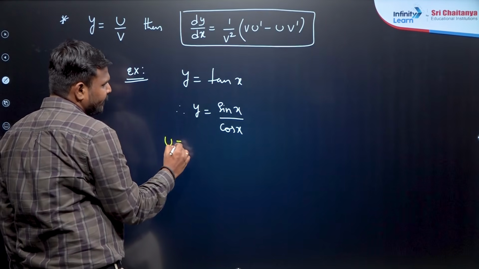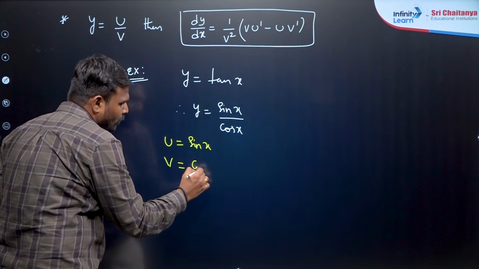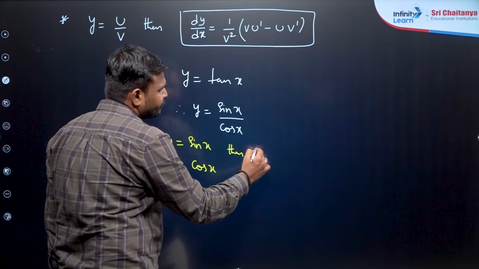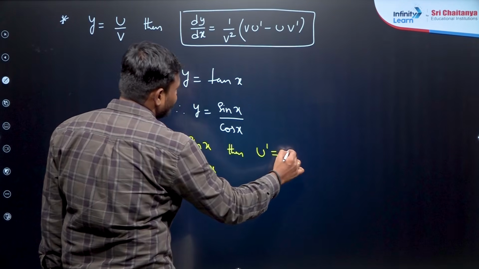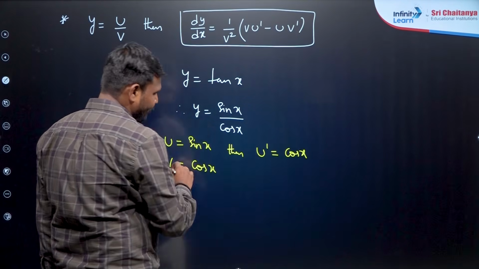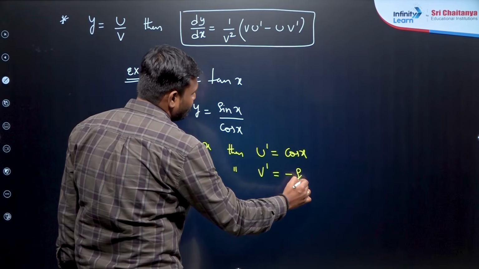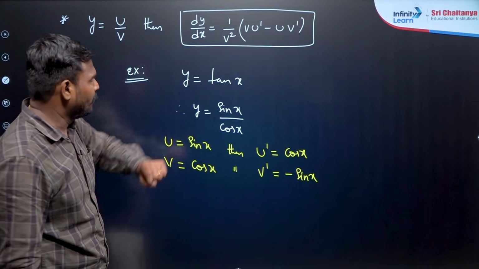Your numerator is sin x, denominator is cos x. What is the derivative of sin x? We have seen, cos x. What is the derivative of cos x? Correct. Minus sin x. Now we have to write in this form.